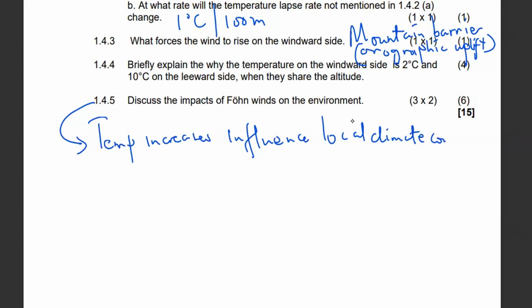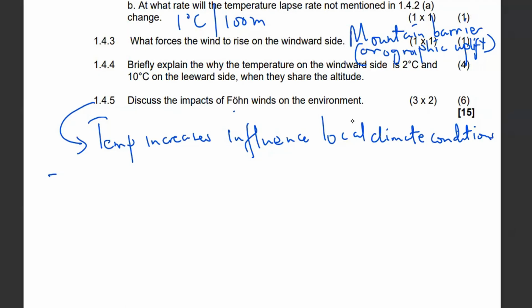The climatic conditions are going to be affected by the rising temperatures because this air is hot. So it's going to cause rises in temperatures in the areas of effect, and as a result, we are going to experience higher temperatures in those areas. Which gives us a negative implication on the environment.